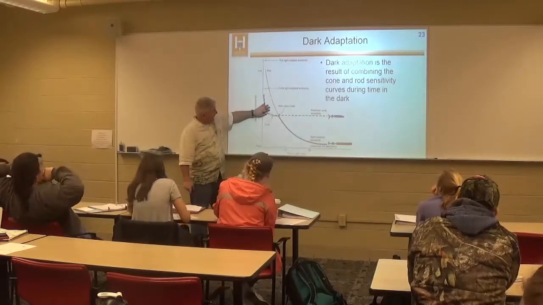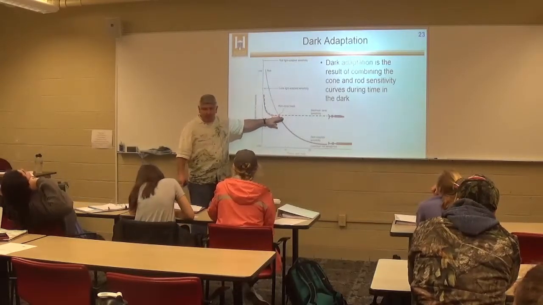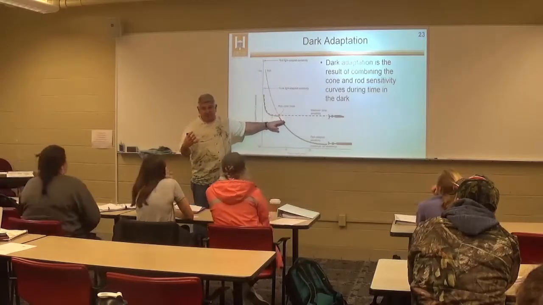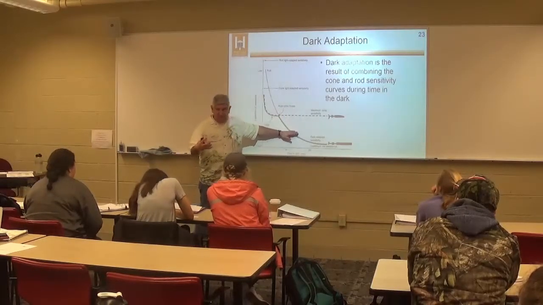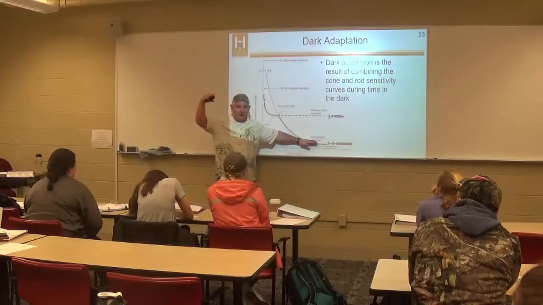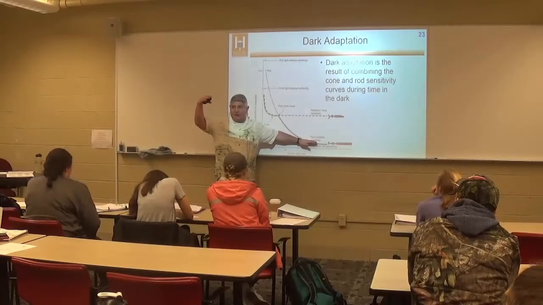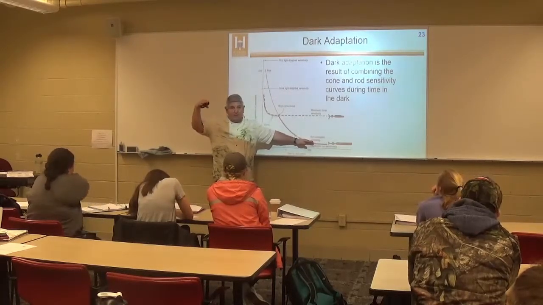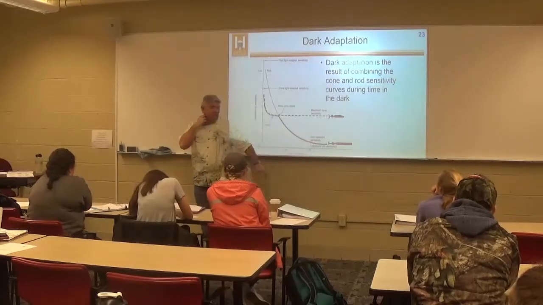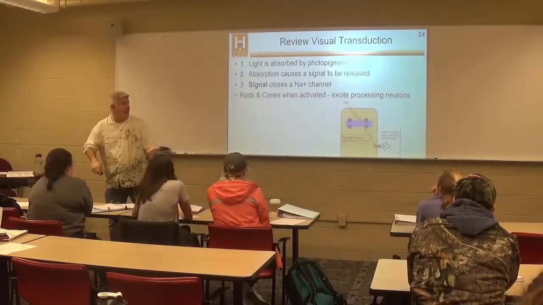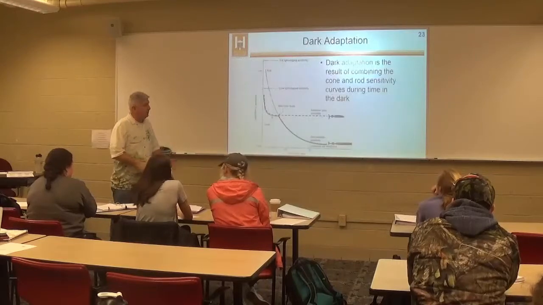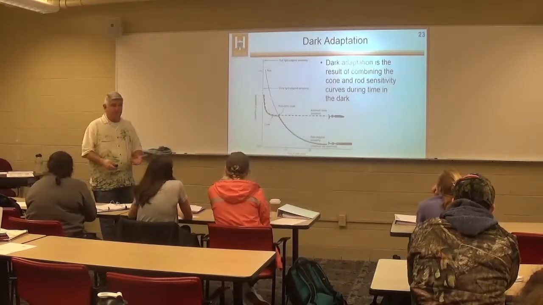So we have this sort of fast adaptation to this point. And once we get there, we have to wait for the rhodopsin to continue to build up until we have maximum rhodopsin in all of those discs in our outer segment, and then we reach our maximum sensitivity. And that process takes about 15 or 20 minutes to happen.